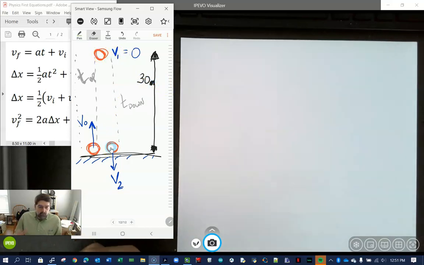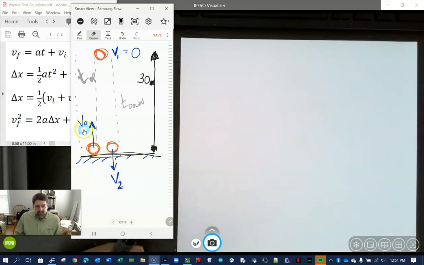What we did is we split the group up. One half solved for the time up and the initial velocity up. And then the other half of the people solved for how long it takes the ball to come back down, and they found the velocity just before it hit the ground.